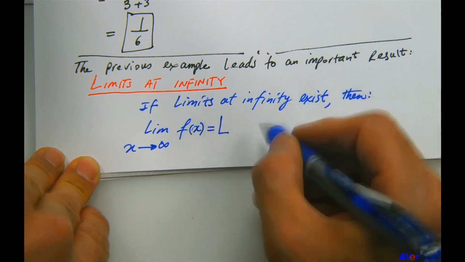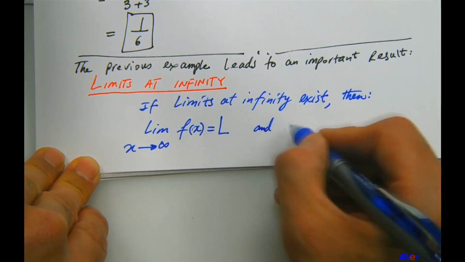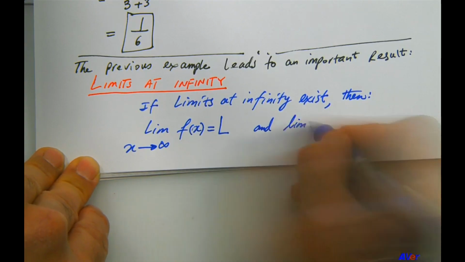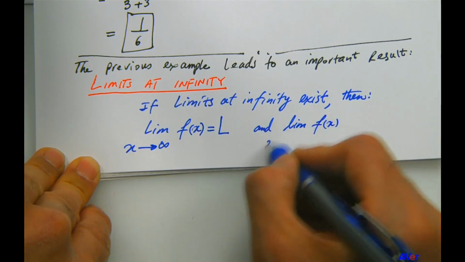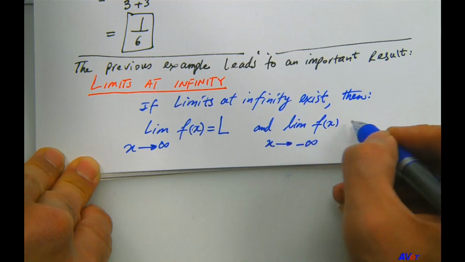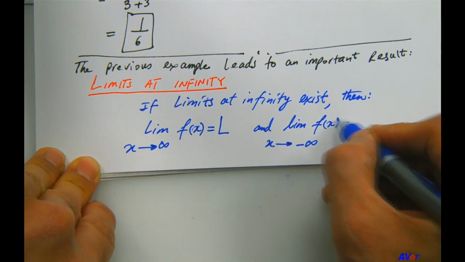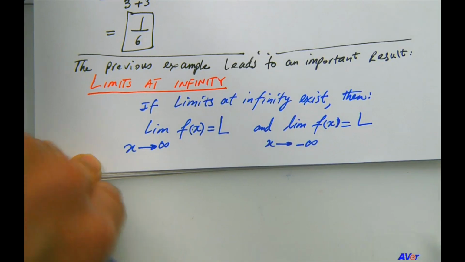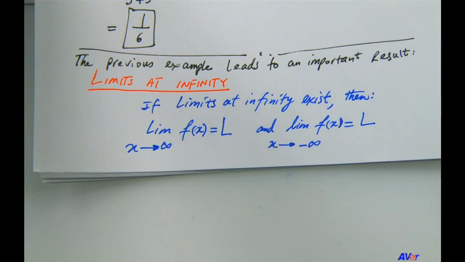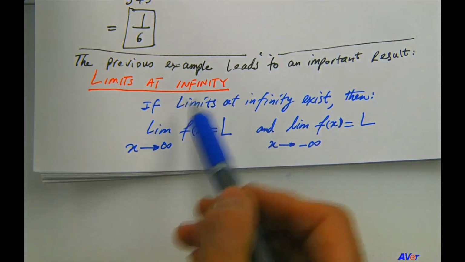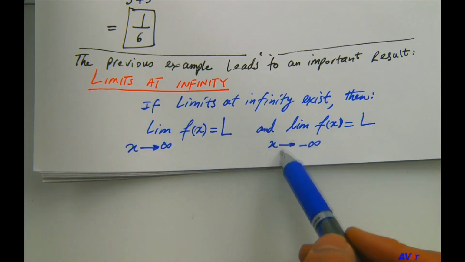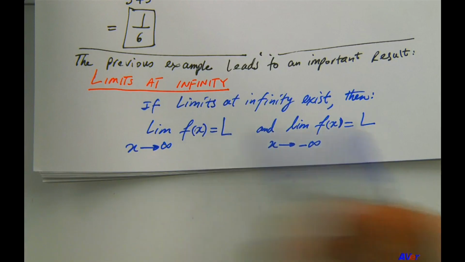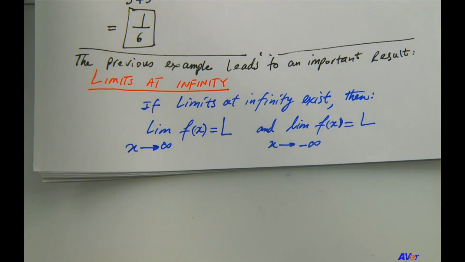And the limit from the negative side, as x approaches negative infinity, is also equal to L. So if the limit of a function as x approaches infinity exists, it means that the limit of that function as x approaches infinity and as x approaches negative infinity is equal to the same value, L. Okay, so this is an important result.